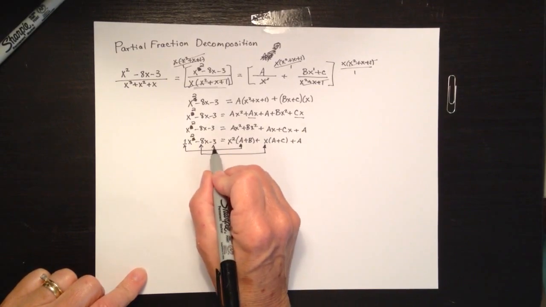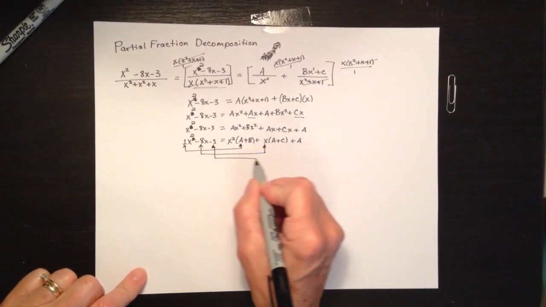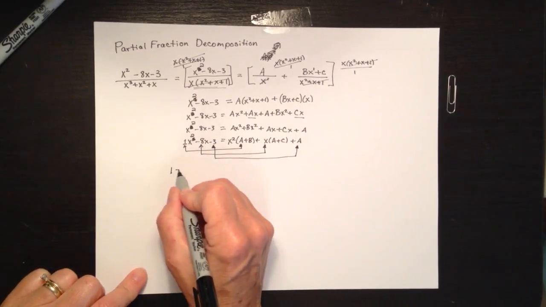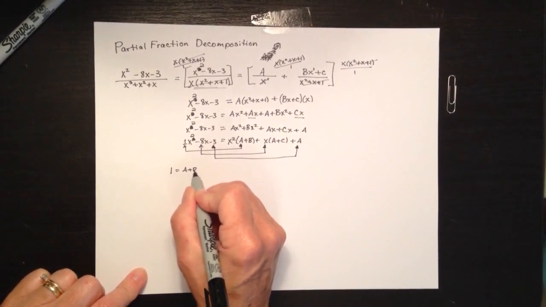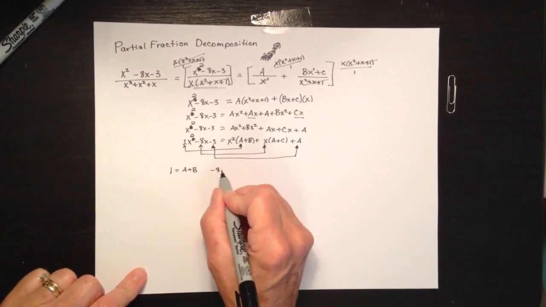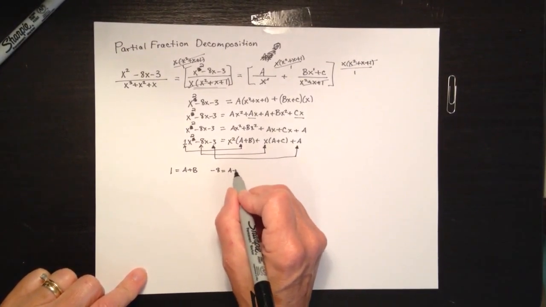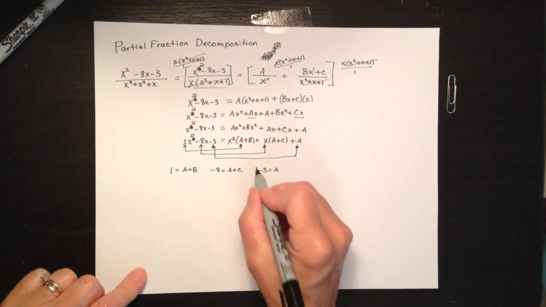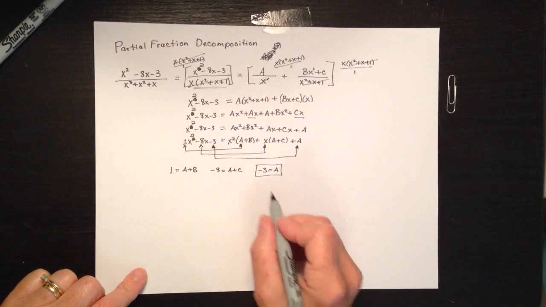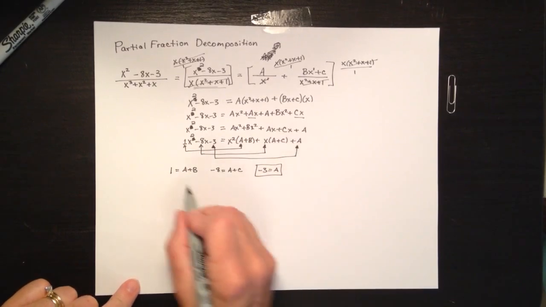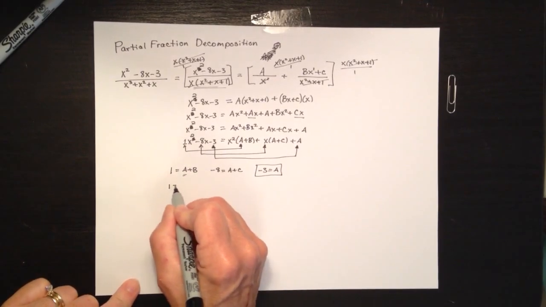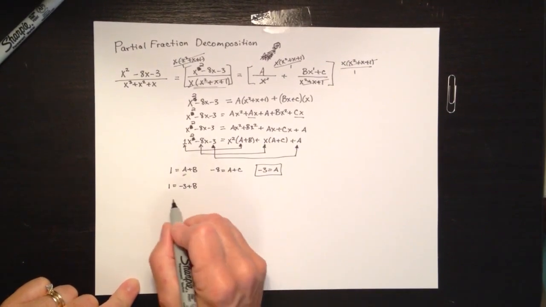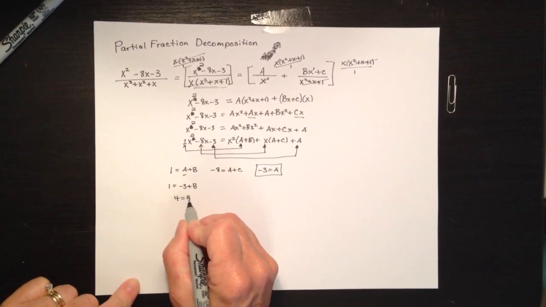The constant term is negative 3, so we're going to say negative 3 is equal to a. Well, this one is already solved, so let's just substitute this value for a over here. 1 is equal to negative 3 plus b. Let's add 3 to both sides, and we find out that b is equal to 4.